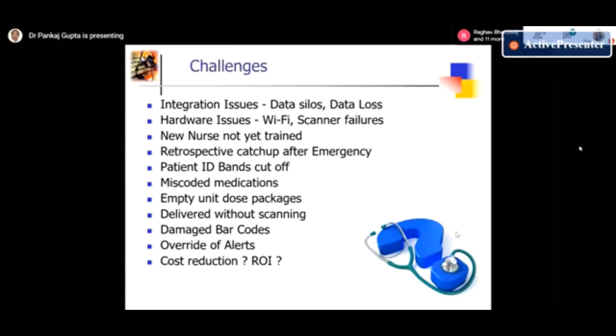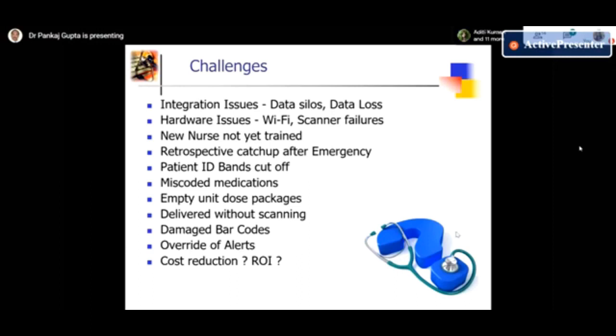And then cost reduction. This is a huge issue. Every time I've had problems, CFOs will always come and say, why should I do this? What is it saving for me? Where is the money that is being saved?